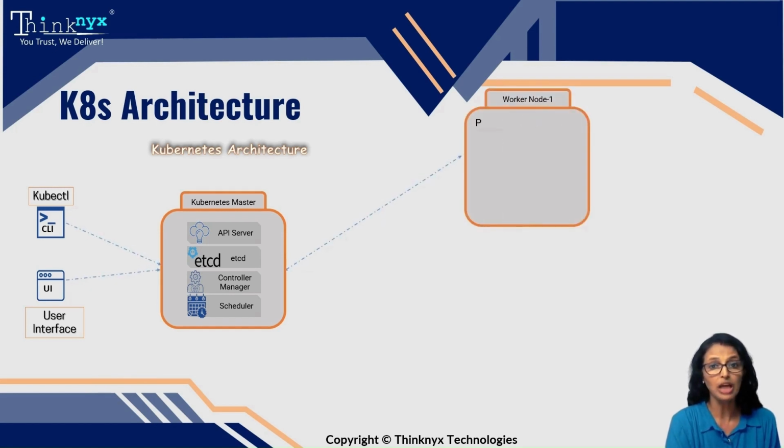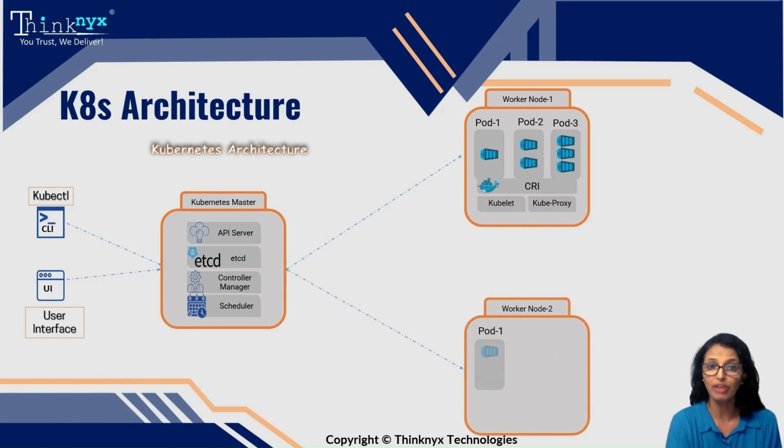The worker nodes are dedicated nodes where we run our containerized applications, and hence, while onboarding new containerized applications, Kubernetes provides us with the flexibility to scale out our cluster by adding additional worker nodes.